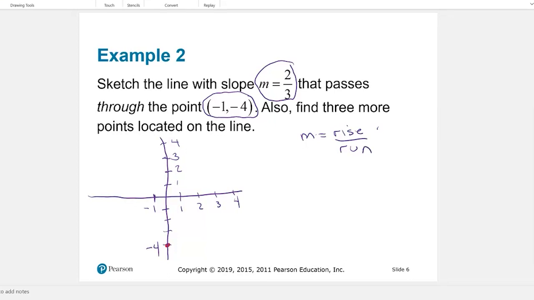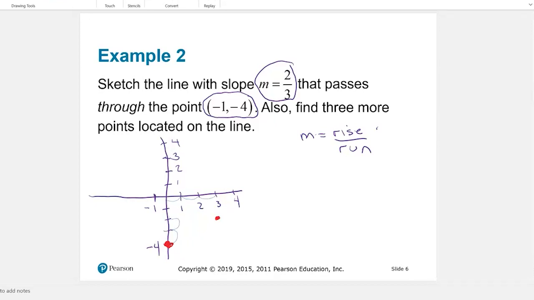Remember, we found the point that they give us. And the slope is positive, because if it's negative, it means something different, but it's positive, which means I'm going to go up. I'm going to go up 2, because that's the rise, and then I'm going to go over 3, because that's the run. And so my point would be right here.